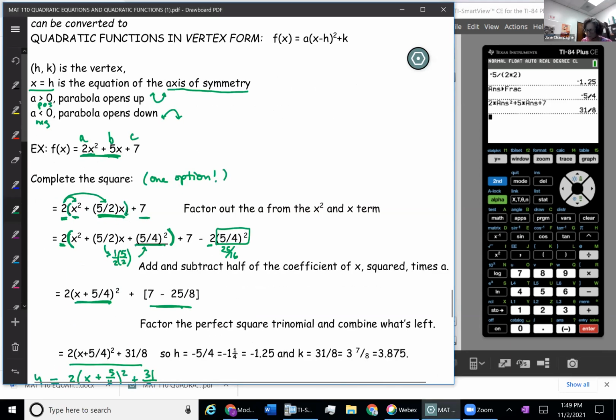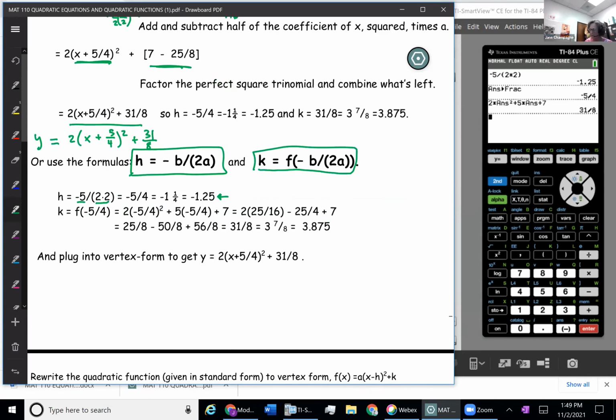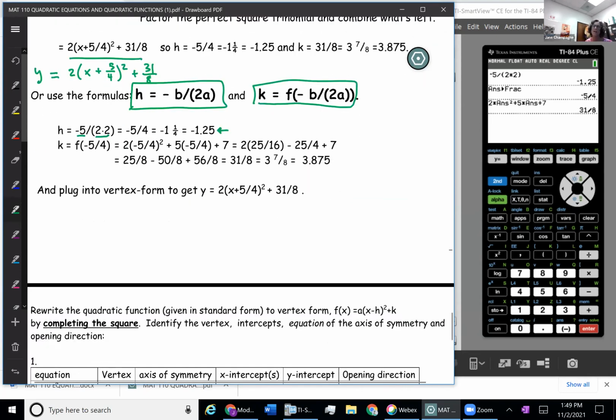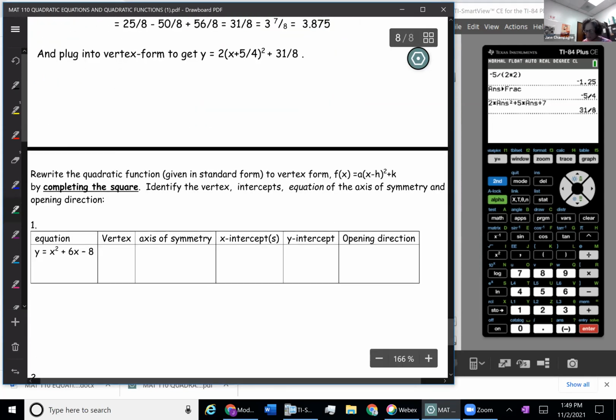Much better than completing the square. Although completing the square can be easy, again, if you have a leading coefficient of 1 and an even coefficient of x, like this one right here. You can just go y equals x squared plus 6x plus blank, move the 8 over.